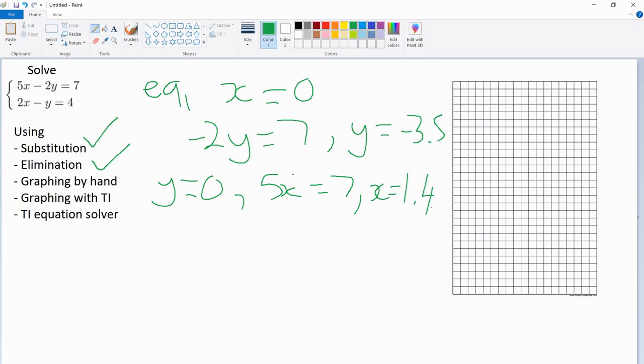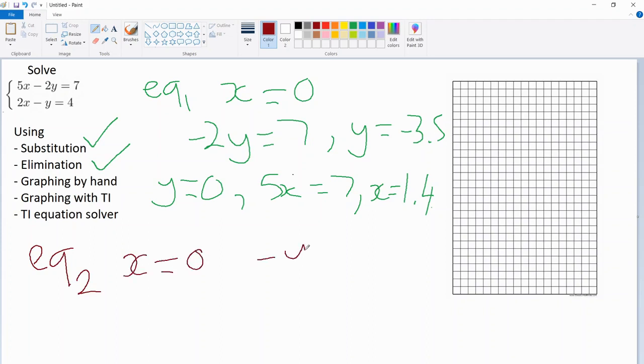So this isn't the best method for this set of equations because the numbers are ending up decimals. But it's okay. It will do. Now, for the second one, let me take equation 2. And we'll let x equal 0.